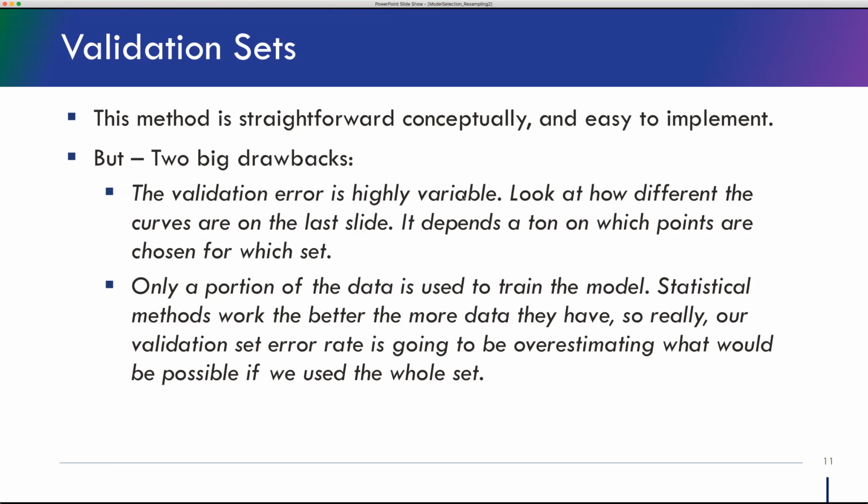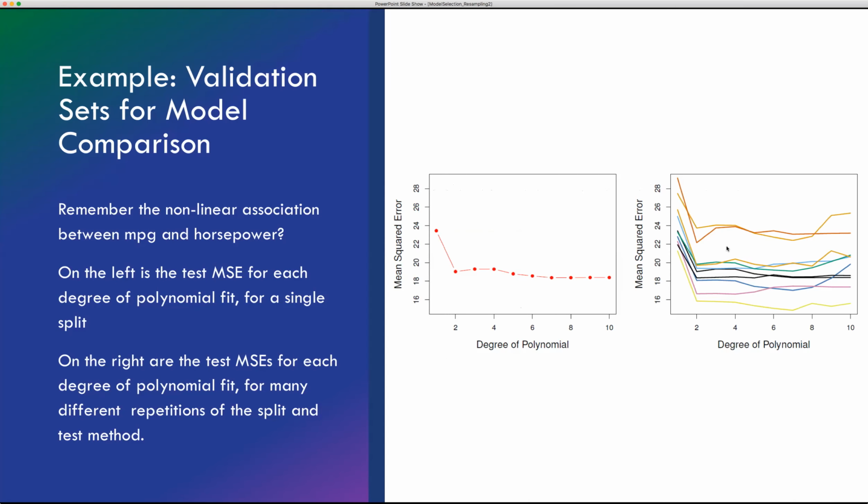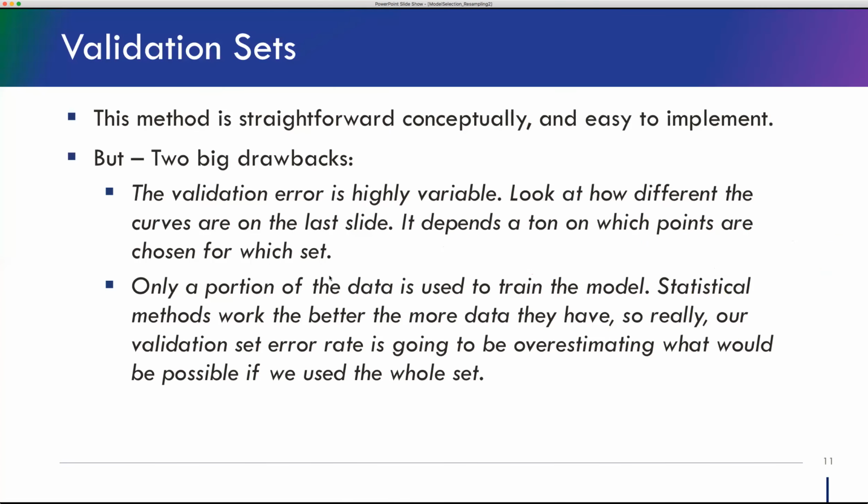You can tell from this plot that the validation error is highly variable, just by looking at how different those curves are. It depends a lot on which points are chosen for which sets, because every time we randomly sample a group of data points for training, it could be very different for each split.